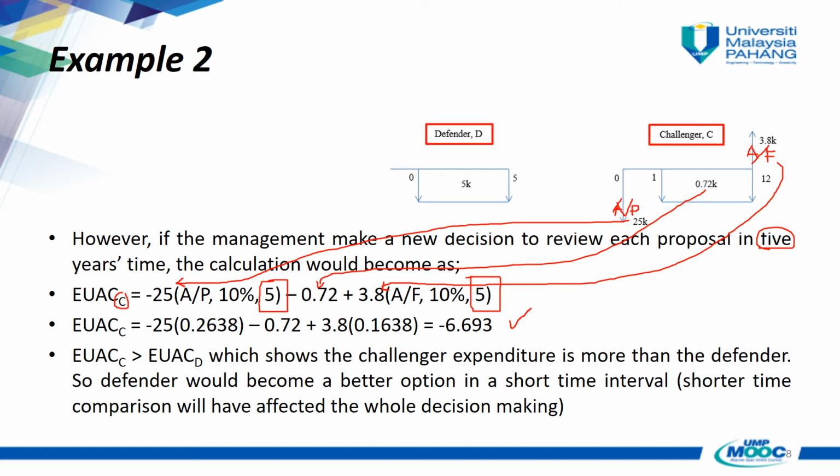If you compare to the previous value of the defender, we will see that the EUAC for C is more compared to D, which shows the challenger expenditure is more than the defender. So the defender would become a better option in a short time interval. It means that a shorter time comparison will affect the whole decision making. We need to remember this.